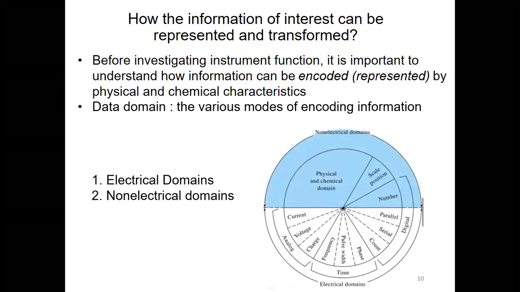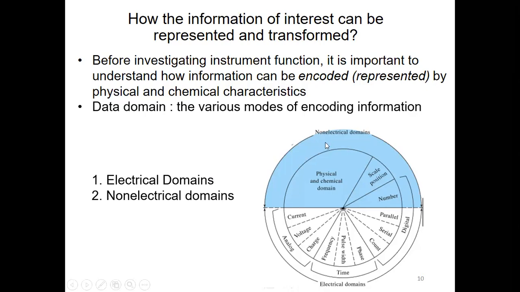This diagram shows the data domain. In the data domain, there are basically two main types: electrical domain and non-electrical domain. So either in the electrical or non-electrical domain, we can represent and transfer information.